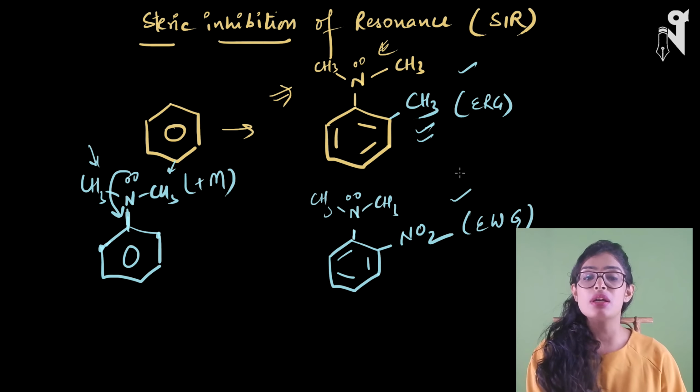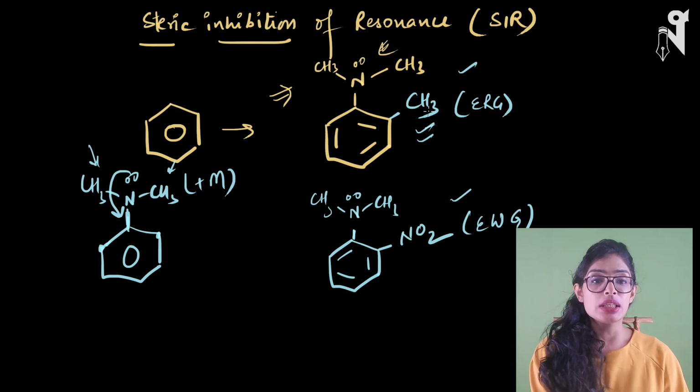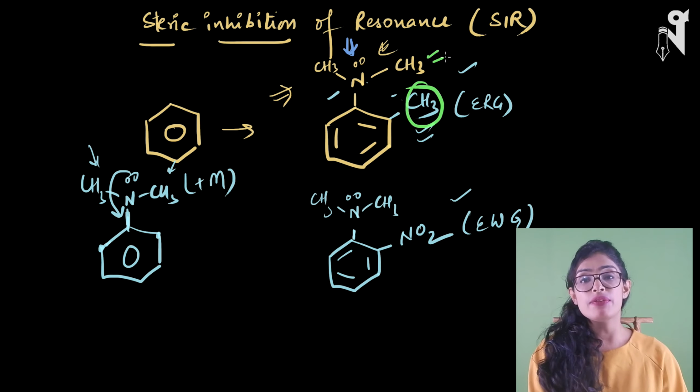Now let's suppose CH3 or NO2, or any other functional group, is present in the surroundings. What will happen is, these are too close to each other. This group and this group are too close, and as we can clearly see, this group is quite bulky. So the presence of CH3 will affect this group. How will it affect this group?